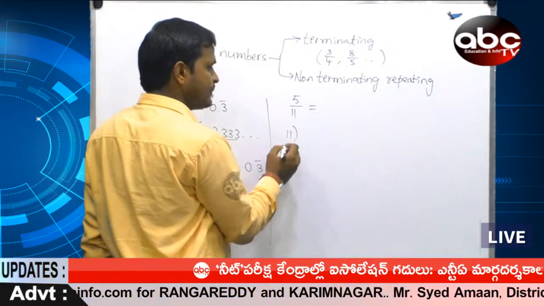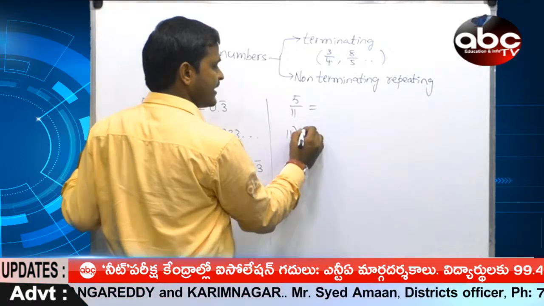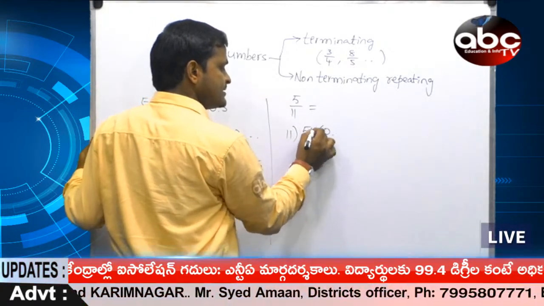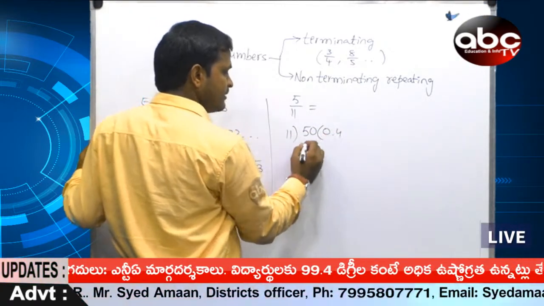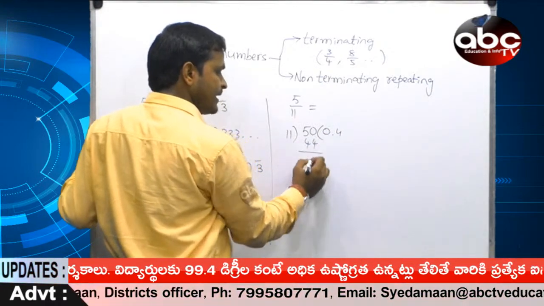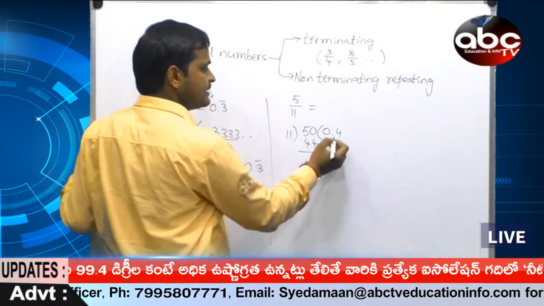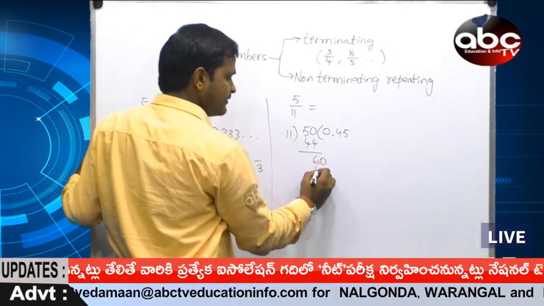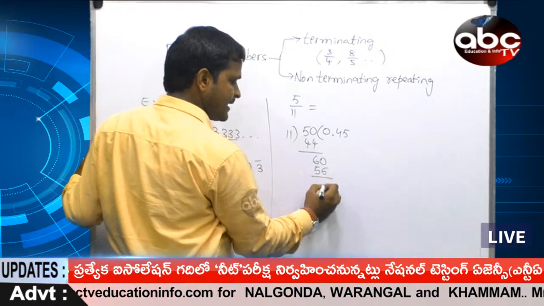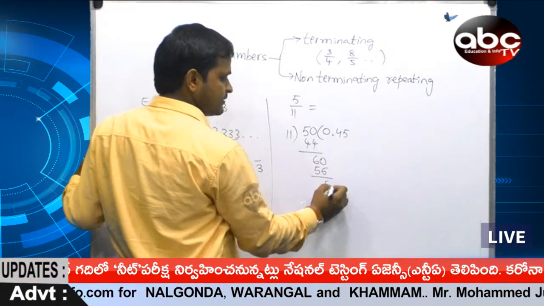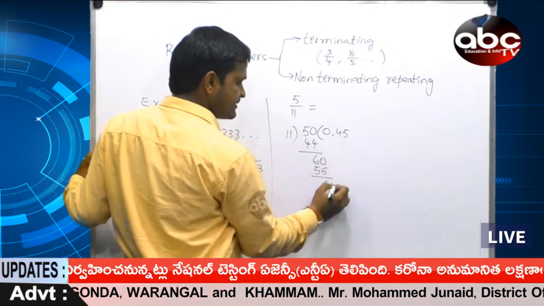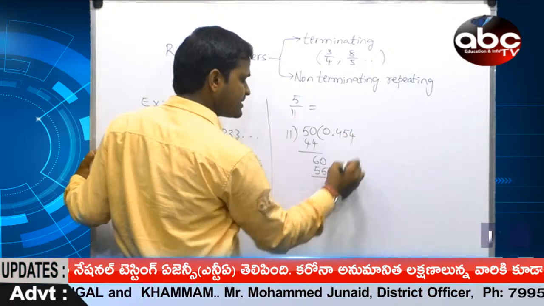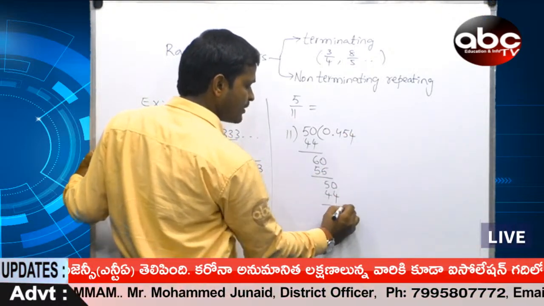See one more example, 5 by 11. 5, 0.0, 11 4s are 44, 50 minus 44, 6, same, 0, 11 5s are 55, 60 minus 55, 5, then 11 4s are 44, 6.